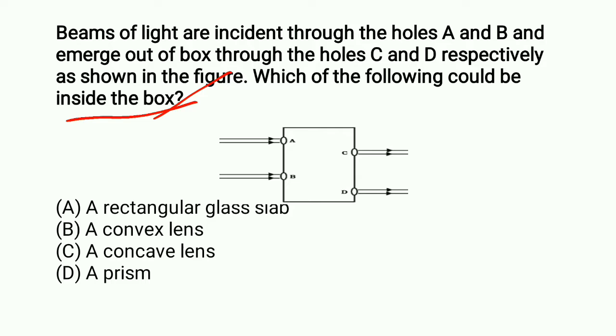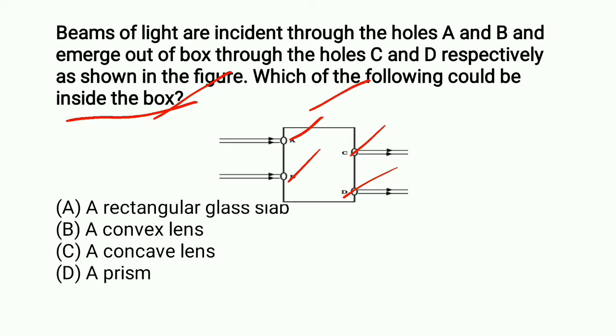So here we have one beam of light which is going to be incident through the box. So here is the box, and this box is having the holes A and B. Through the holes A and B the light is going to be incident, and through holes C and D the light is going to emerge out from the box. So the question is, inside the box what do we have?